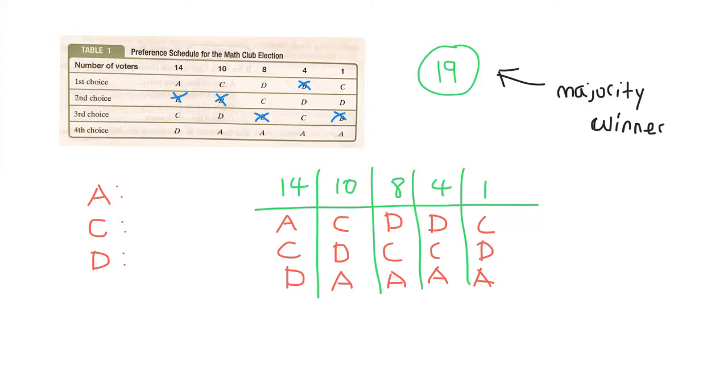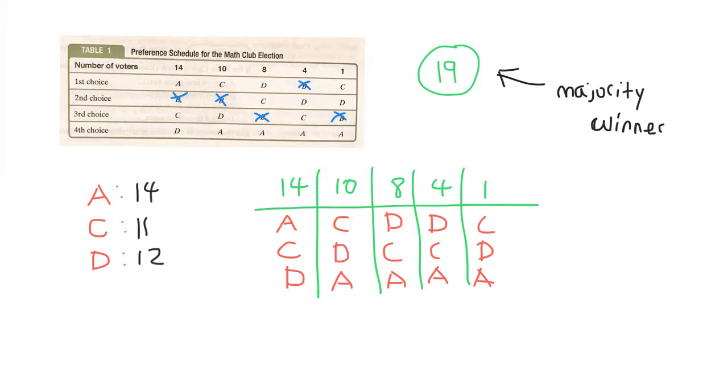Looks like A got 14 still for the first place votes. Analyzing how many first place votes C got, looks like it's 10 plus 1, which is 11. And when it comes to how many first place votes D got, it looks like it's 12 right here. So we're going to write that down.